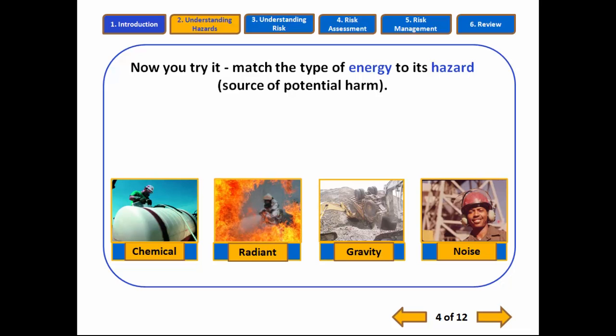Radiant energy is associated with fire. Gravitational potential energy associated with things falling down hills, in particular big pieces of machinery in this example. And of course, noise energy, which you can't really see, but we've represented here with a worker using their personal protective equipment to protect their ears.